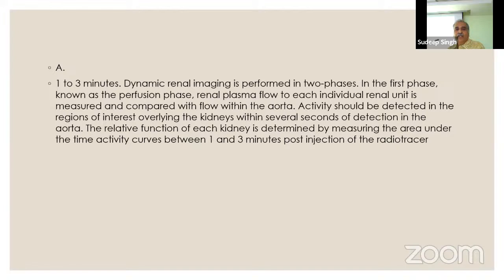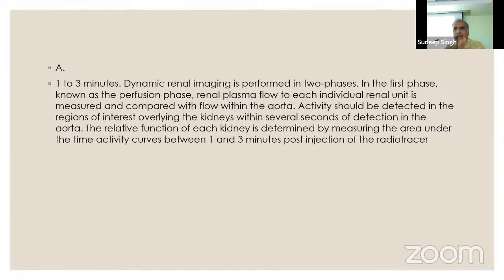So dynamic imaging is performed in 2 phases. In the first phase, known as the perfusion phase, renal plasma flow to each individual renal unit is measured and compared with the flow time in the aorta. So that's why you get an aortic curve also, right? Activity should be detected in the region of interest. With several seconds of detection in the aorta, the relative function of each kidney is determined by measuring the area under the TAC between 1 to 3 minutes post-injection.